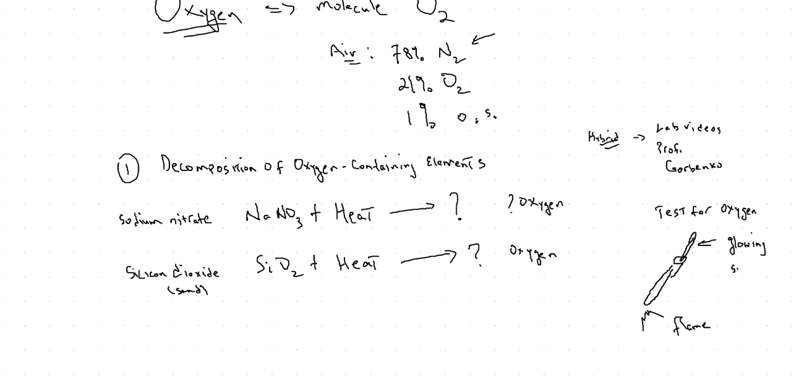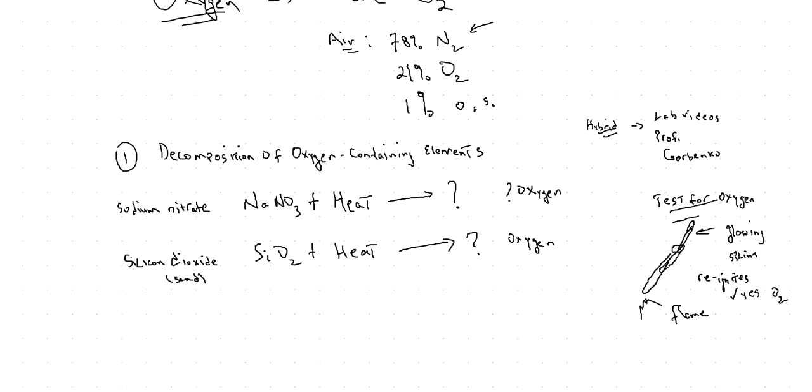So you put a piece of wood on fire, it's burning, then you blow it out, and then it's glowing. If we put it in the test tube and it reignites, then yes, there was oxygen. So that's the test for oxygen.